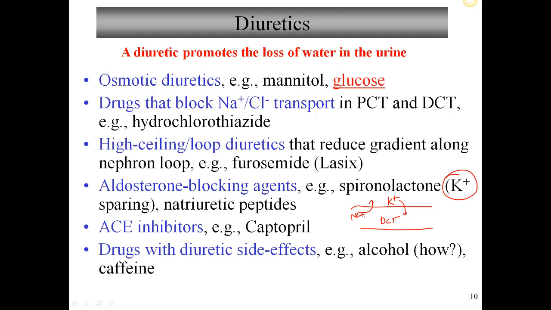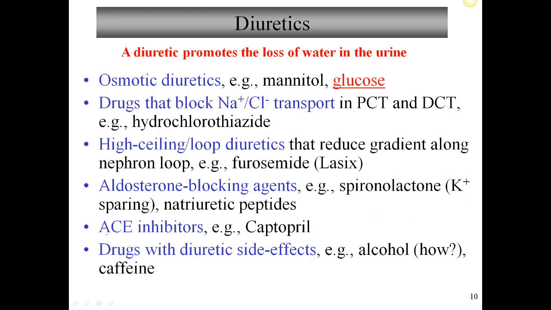Well, think about what would happen if we have an aldosterone blocking agent that will block reabsorption of sodium. That means that this won't happen either. And the potassium that's in the body will stay in the body. So this is why we call these potassium sparing type diuretics. This is a consideration if somebody has a low potassium.